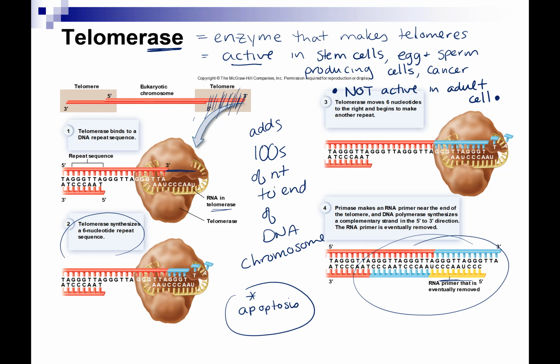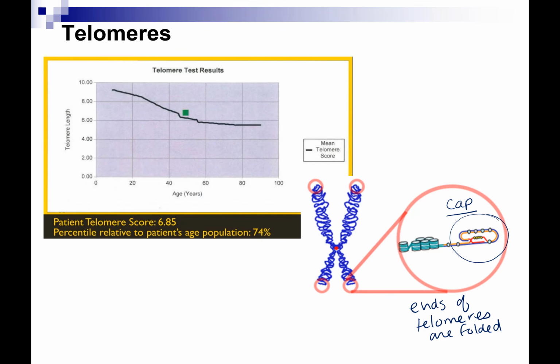That's why cancer can go on and divide forever and ever and ever. So you do not want to turn on your telomerase in all of your cells. It's a fact that as you get older, your telomere length gets shorter.